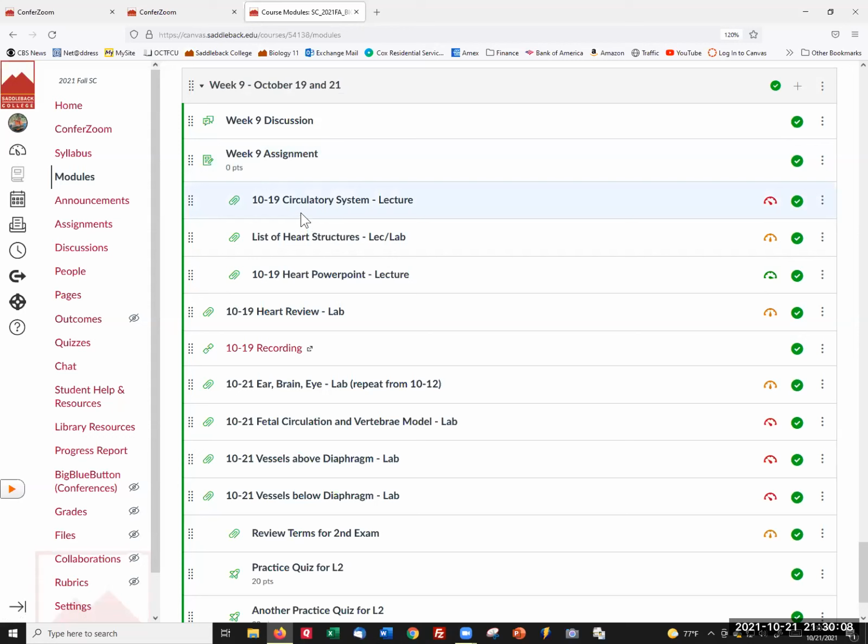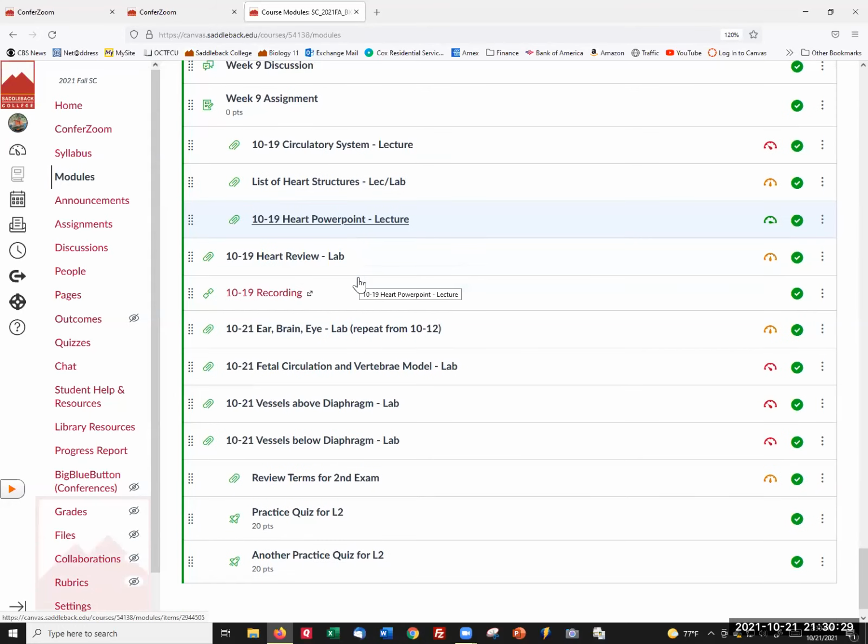On Tuesday, we talked about circulatory system. That's included. A list of heart structures again. Okay, I said I duplicated that, so here it is. The heart PowerPoint that I did on Tuesday is included.